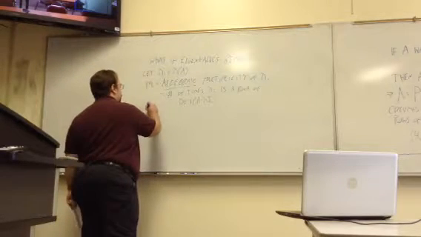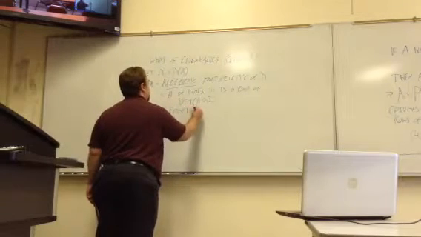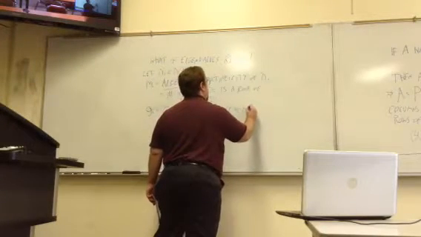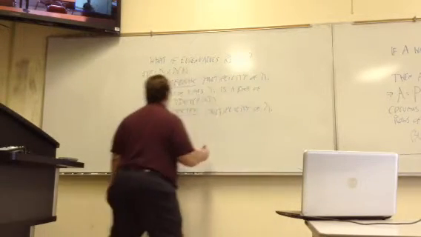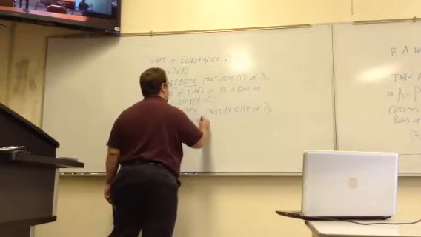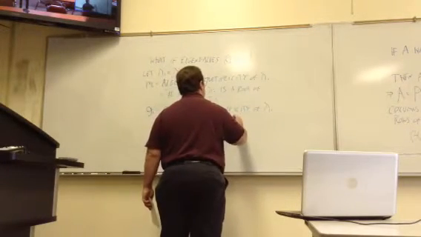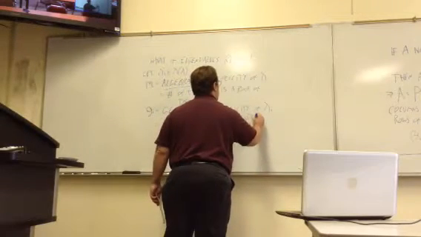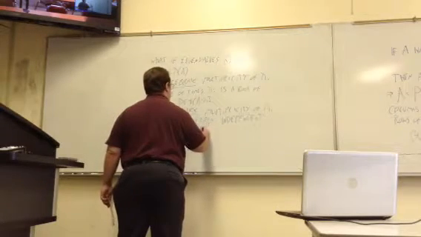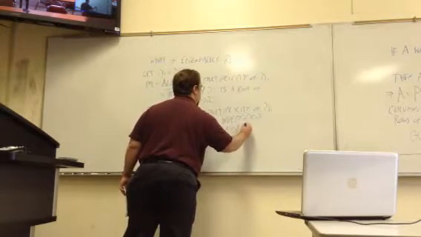The other multiplicity, which I'll call g sub i, is the geometric multiplicity of the eigenvalue. And what that refers to is the number of linearly independent eigenvectors that this eigenvalue has.